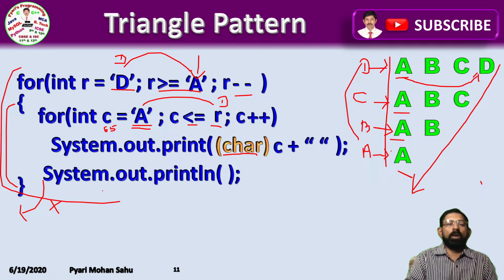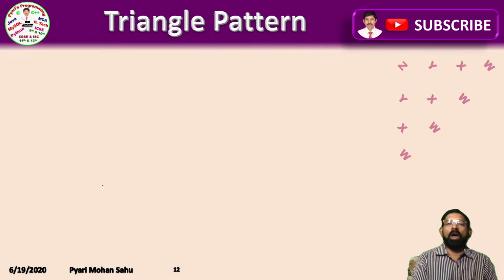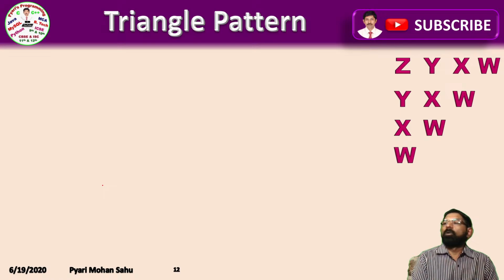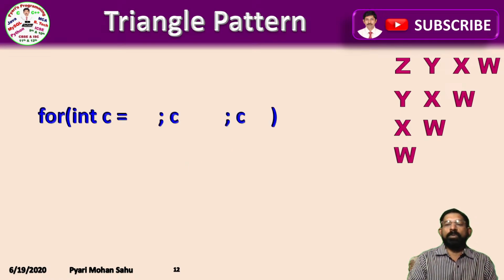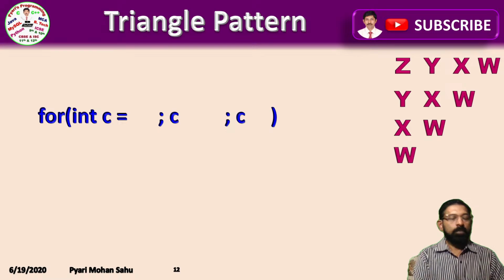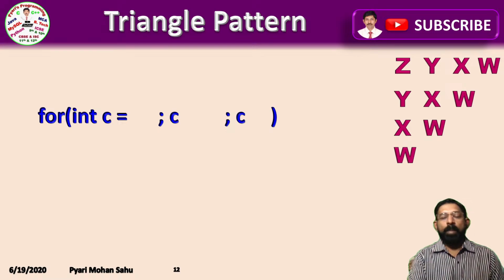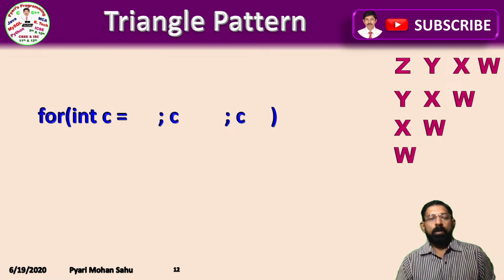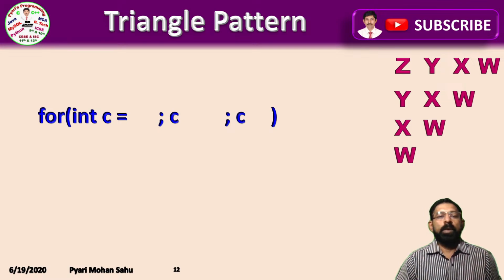So that's why we cannot put println outside this. These are the common errors. Avoid this. Use alphabet for this one. Initial value of C, use alphabet. Character typecasting. Good. Use alphabet now. For the next pattern, use alphabet.